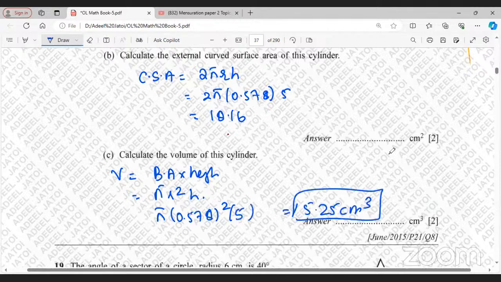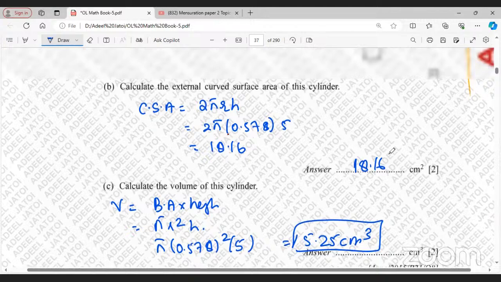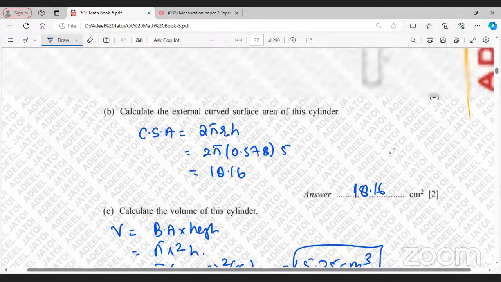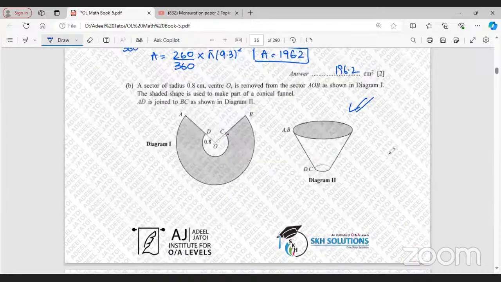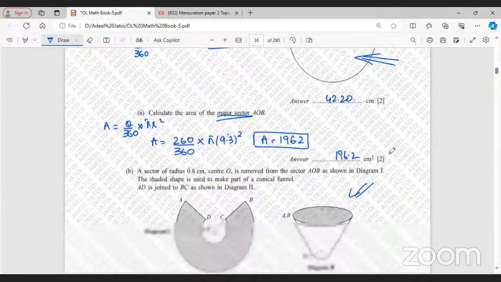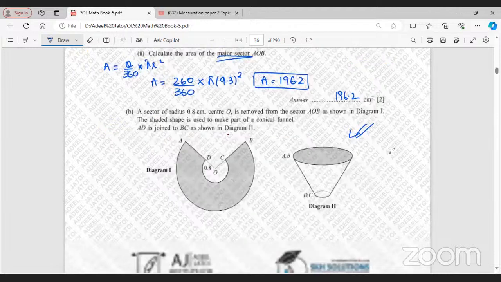So if you see the question that we did with respect to the mensuration of paper 2 up till now, most of the time, if a difficult question is there, they will test you with difficulty in the first part, but then eventually they will make it easier for you.